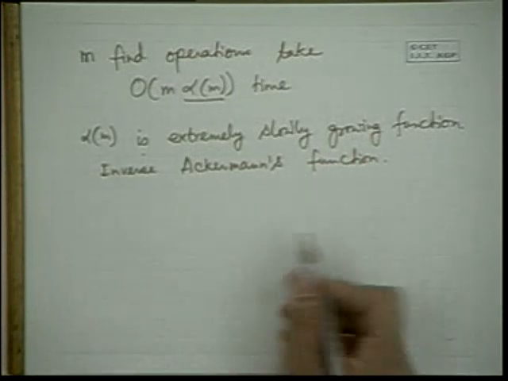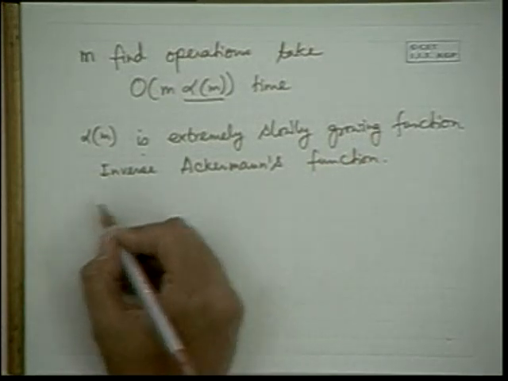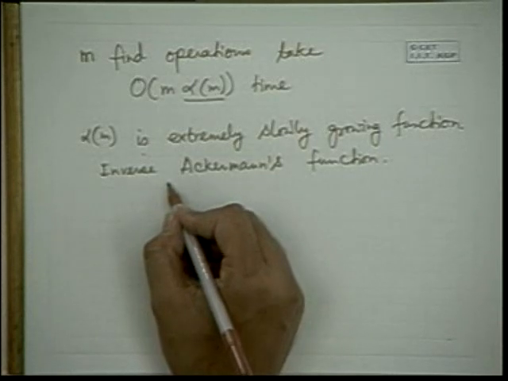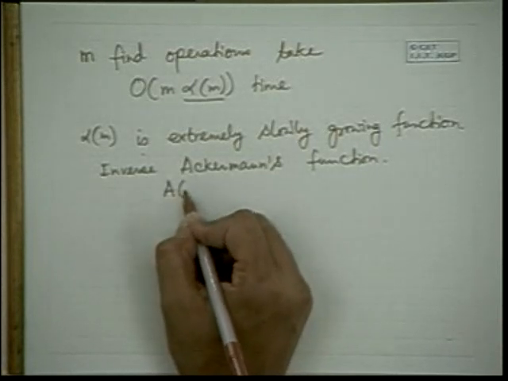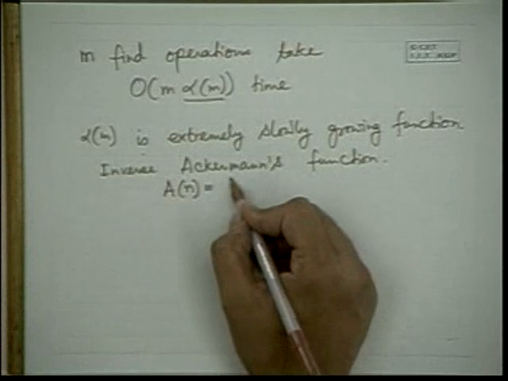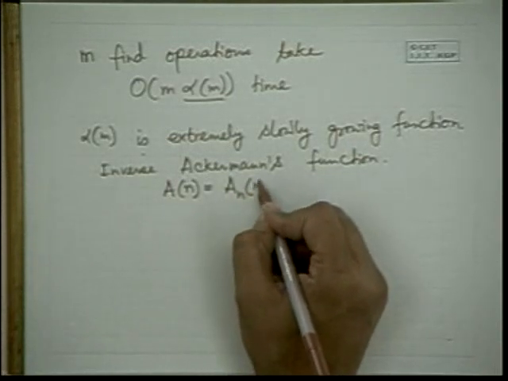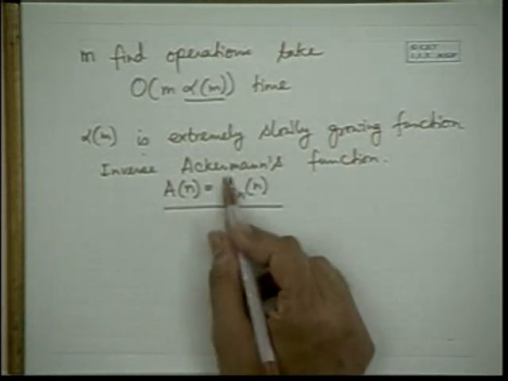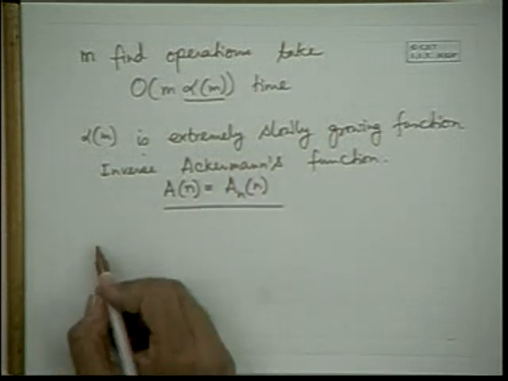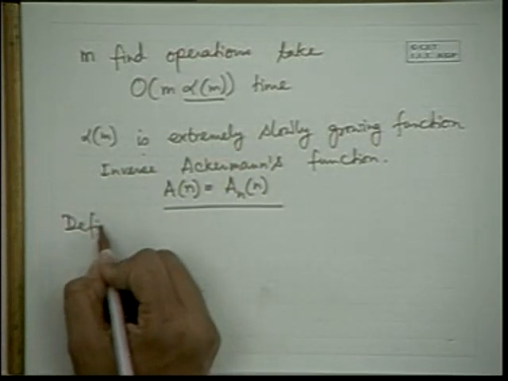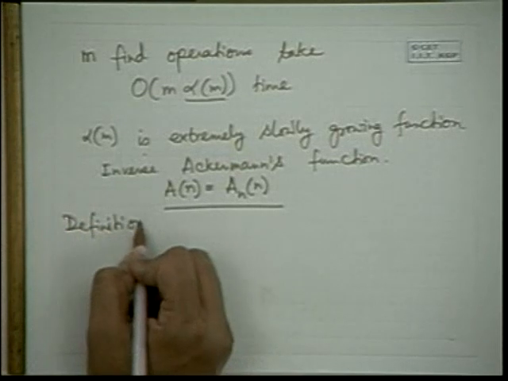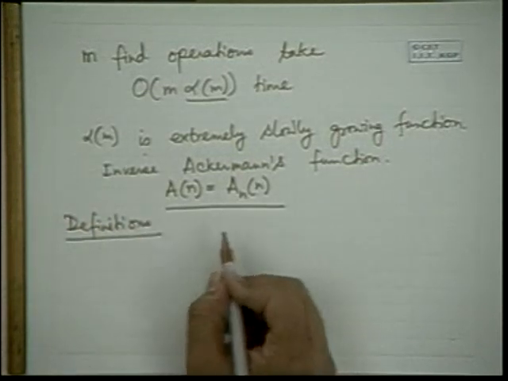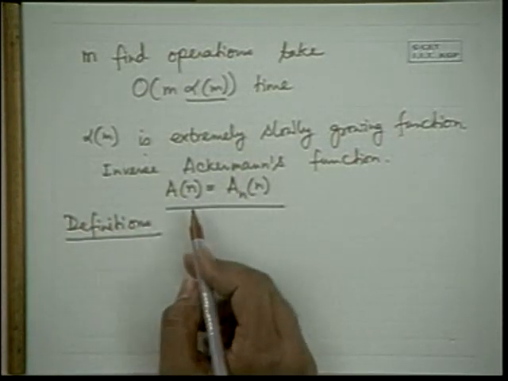Okay, what is an Ackermann's function? Ackermann's function is A of n, which is A_n(n). I am just defining it. I will tell you what A_n(n) is now. So this is the definition of Ackermann's function, and alpha m will be the inverse of it.